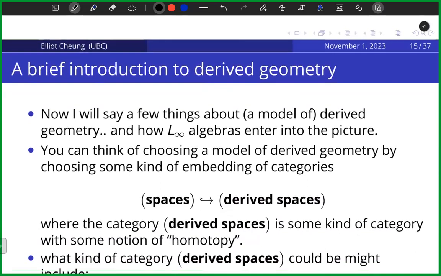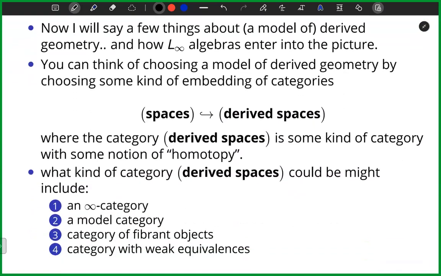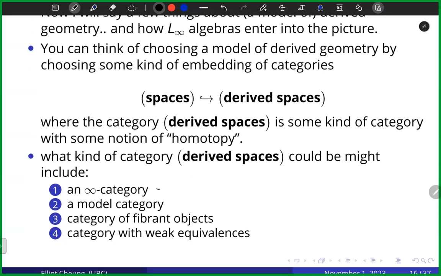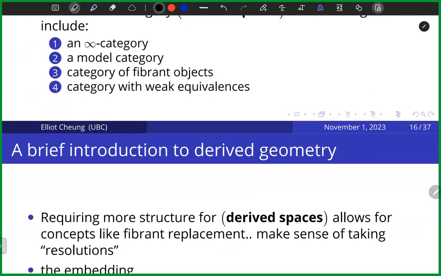What kind of category you might want could include an infinity category, model category, category with weak equivalences, and so on, with varying levels of structure. With a category of weak equivalences, maybe you can only talk about homotopies, but with infinity categories, you can talk about fibrant objects and make sense of taking resolutions of objects instead of just homotopies.